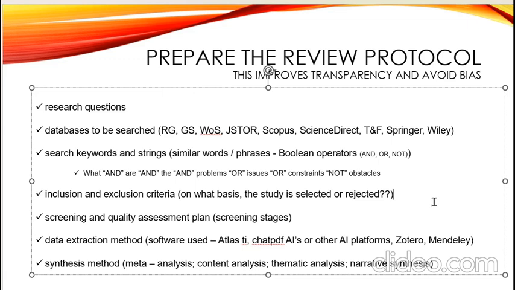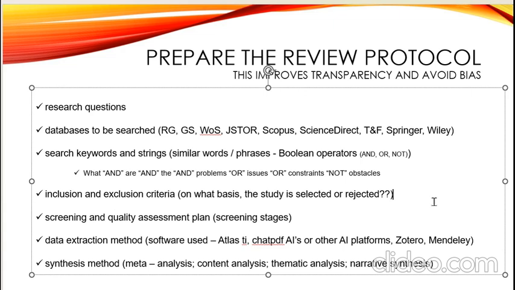Second one is I want a specific time period. I want only the recent 20 years of study. Other than that, I will exclude it. Like that, you should mention the time period of the study. The papers published in that time period only you will collect.